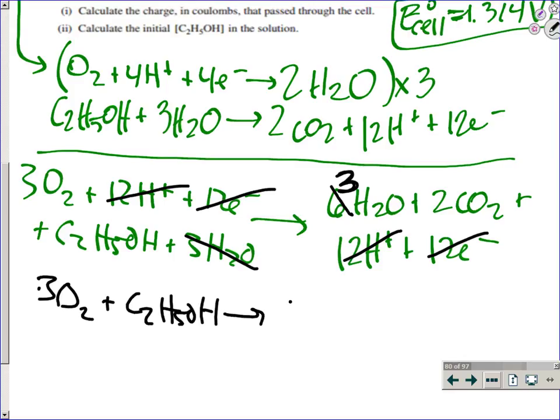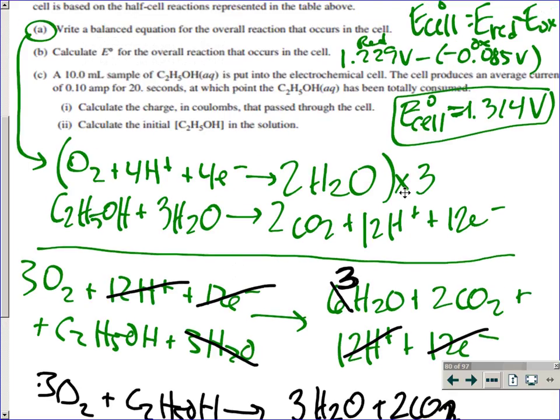Get everything down. Okay. And our E cell value we know is positive. All right, so keep going if you need to finish talking, especially if you're looking at your reference table. That's a good place to start.